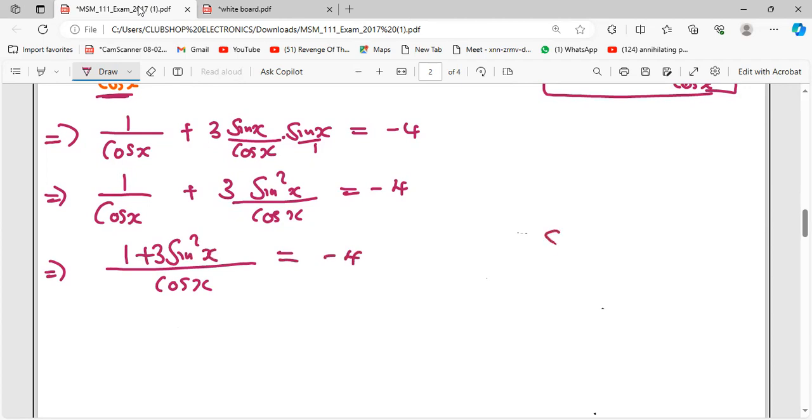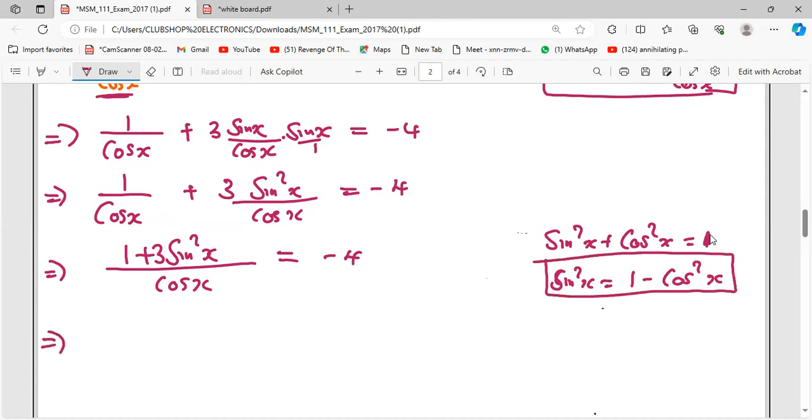But again, we know that sin squared x plus cos squared x is equal to 1, implying that we can convert sin squared x to cos. This will imply that sin squared x is the same as 1 minus cos squared x.